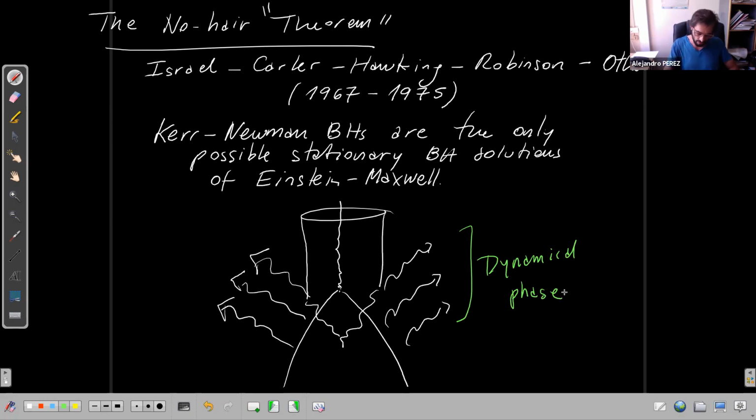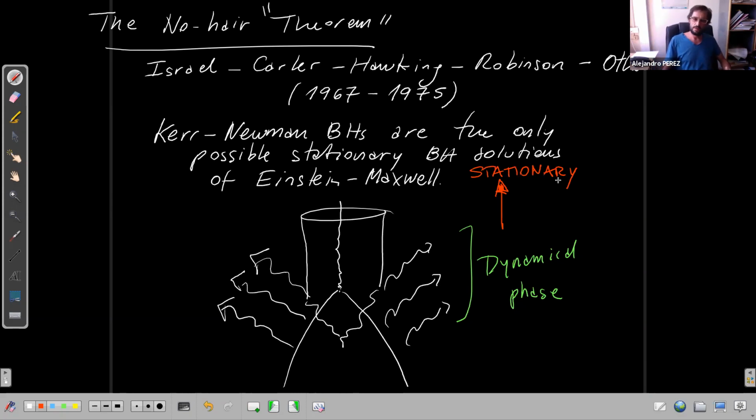But if you wait long enough, so if you go up here in time for a sufficiently long time, you would expect that any deviation from stationarity would be radiated away. So you will be sending gravitational waves, matter waves away, and sooner or later the system will settle down to a stationary final state if you don't throw anything else.